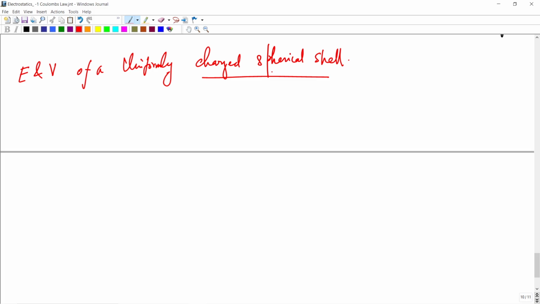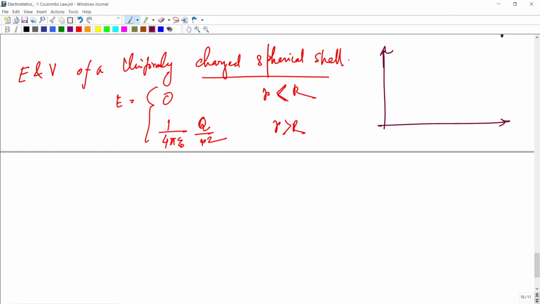Inside the shell, the electric field is zero, for r less than R. Outside, it is 1 over 4 pi epsilon naught q over r square. The graph looks like this: inside, the field is 0; outside, E is proportional to 1 over r square.